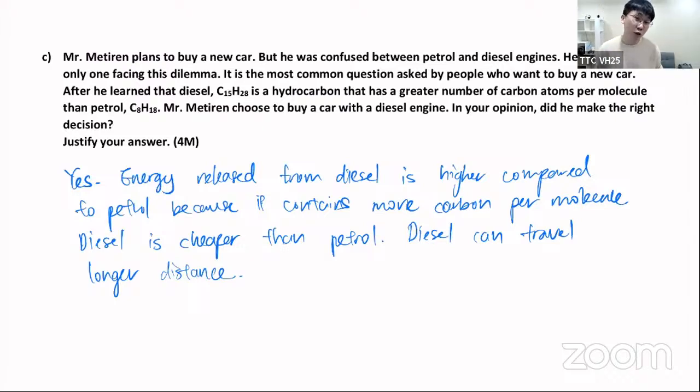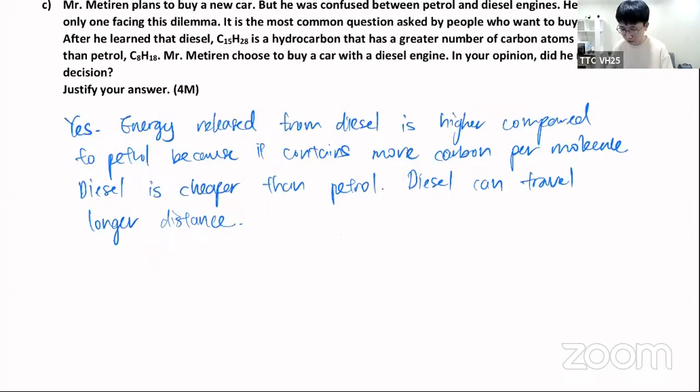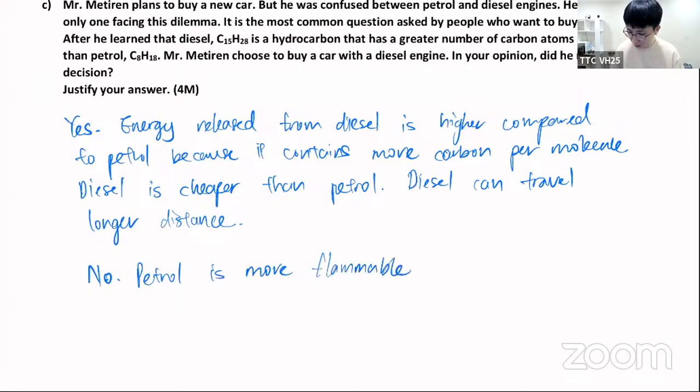Okay, so guys, what if you say that Mr. Petrol is wrong? Petrol is better. Then you have to say like this. No, 1 mark. No, because we can say that petrol is more flammable compared to diesel.